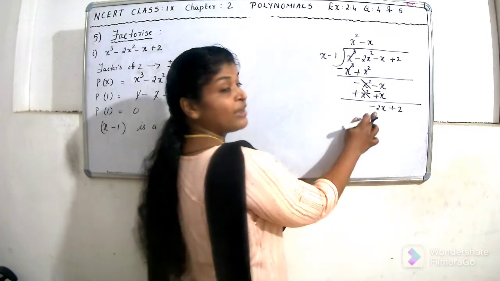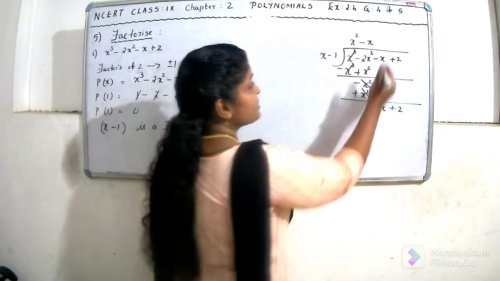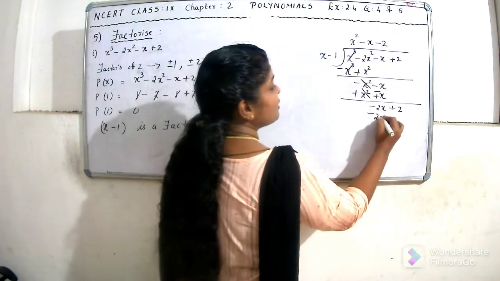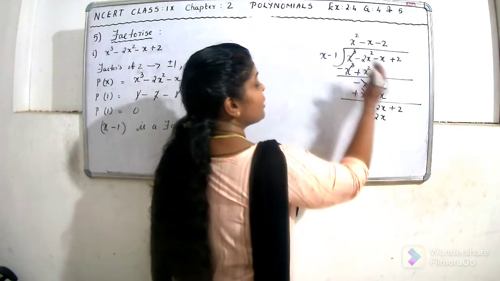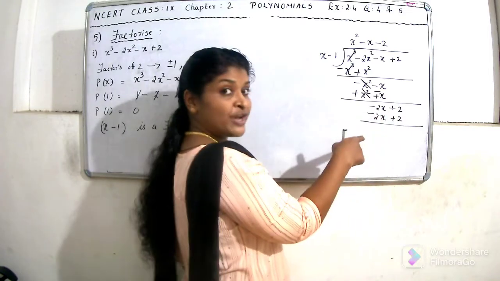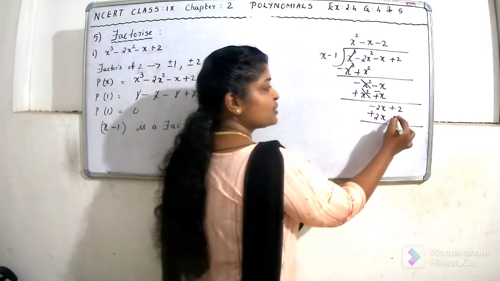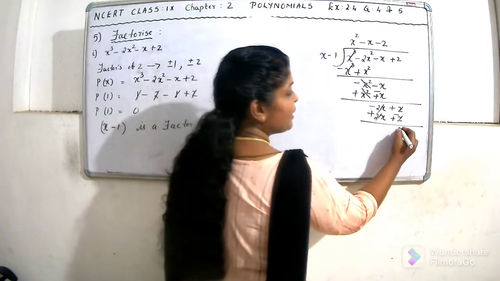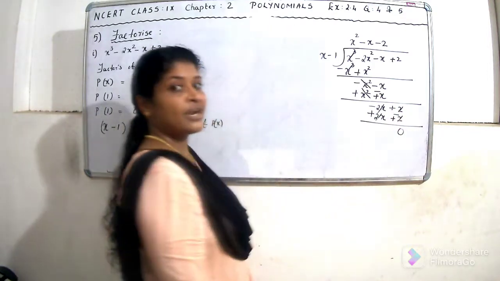By which number do we multiply x to get negative 2x? That is negative 2. After multiplication, negative 2x, and negative into negative gives positive 2. Now the signs change because we are doing subtraction, so these two are eliminated and these two are eliminated, and we get remainder 0.